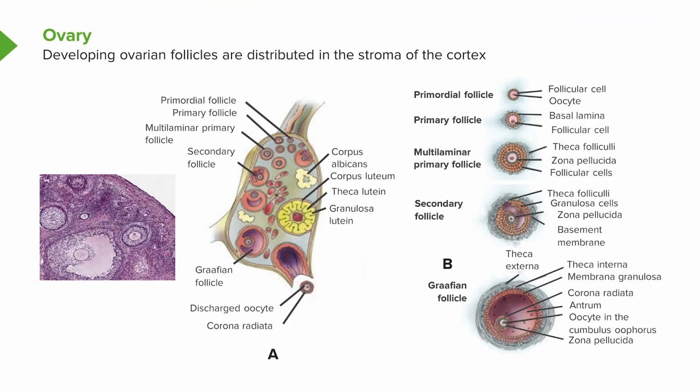The externa is merely a connective tissue capsule around the follicle, carrying blood vessels into the theca interna. The theca interna, we'll see later, is a very vascular layer. It's also very important because it produces precursors for the granulosa cells of the follicle to produce estrogens.